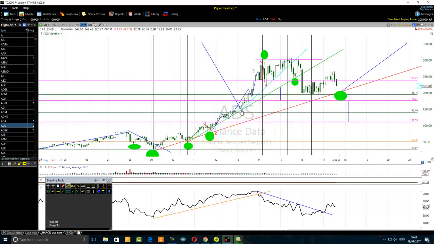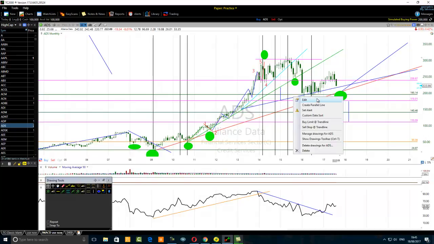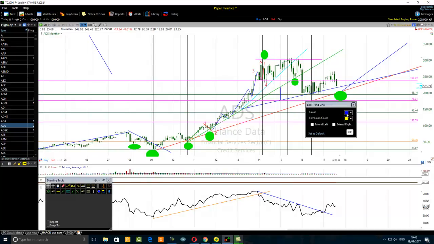So this is the intersection between the turquoise and the green, and now we draw a line through the end of that measuring stick. Now we have another trend line.